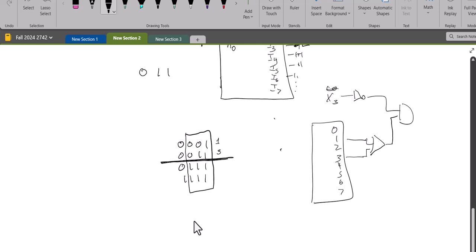Or these last two have just x7, so that would look like that.